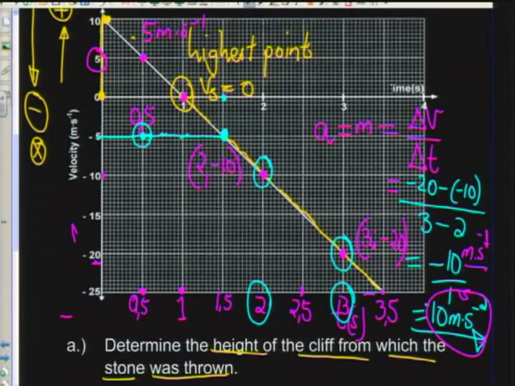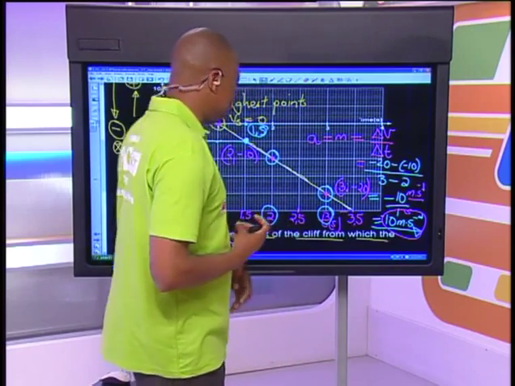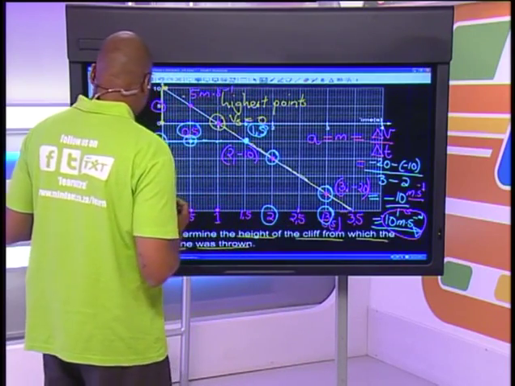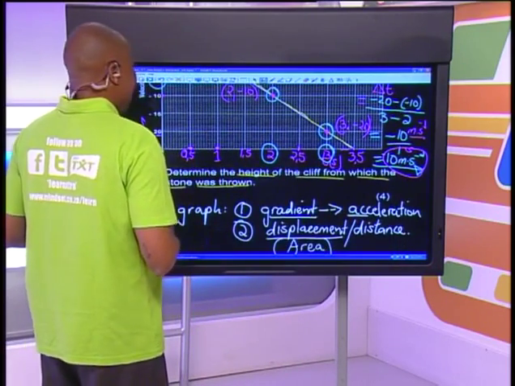It is that time there. So at 1.5 second and at 0.5 second, both these times the stone was moving at the same velocity of 5 meters per second. The only difference is that at one point it was still going up, in the other point, it was now coming down. Okay, so we can tell quite a lot of things here.